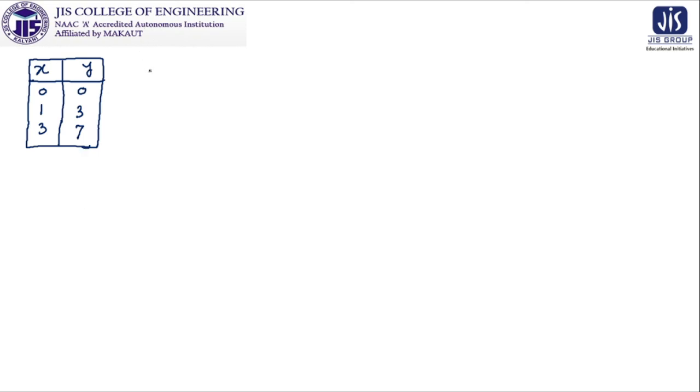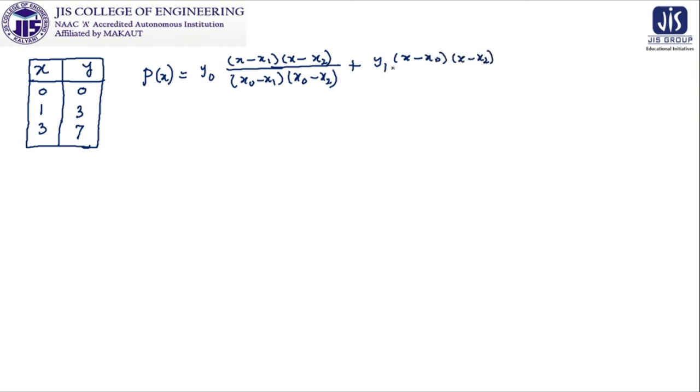So if I want to write the interpolating polynomial for this particular problem, I will write y0, then x minus x1, x minus x2, because we can see that there are three values, so the interpolating polynomial will be of degree 2 maximum, and then it will be divided by x0 minus x1, x0 minus x2, plus y1, x minus x0, x minus x2, divided by x1 minus x0, x1 minus x2, plus y2, x minus x0, x minus x1, divided by x2 minus x0, x2 minus x1.